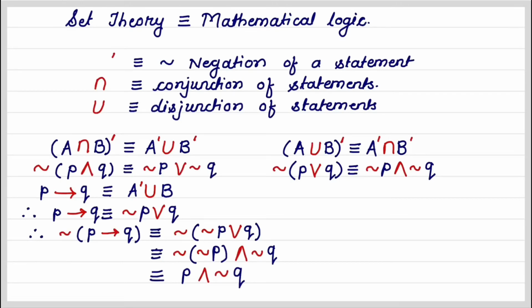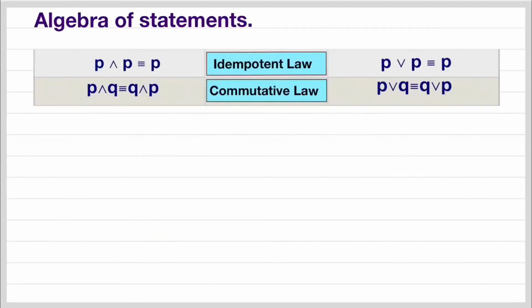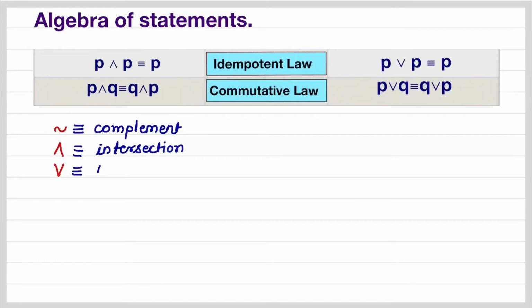Now we will see algebra of statements. Just now we have related set theory to mathematical logic. In set theory we have studied intersection, complement and union. We will relate negation to complement of a set, conjunction to intersection of sets and disjunction to union of sets. See, first law is the idempotent law.